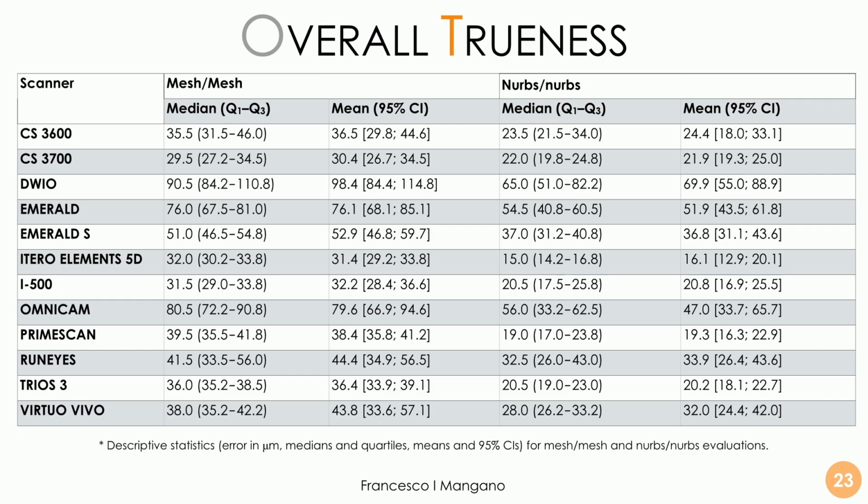There was evidence of statistically significant differences from this table, because some machines like the CS3700 and iTero Elements 5D performed particularly well in the evaluations.